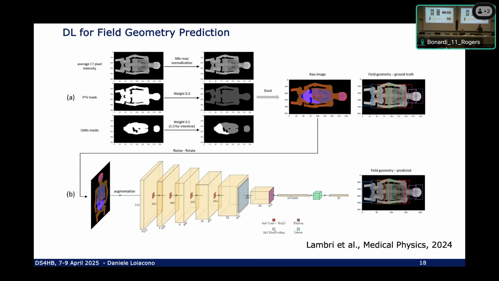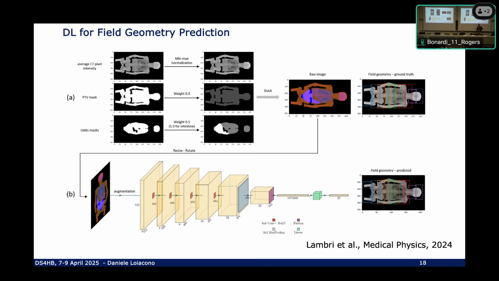of these isocenters, starting from an imaging of the patient that is nothing more than a coronal view of the anatomical data of the patient. In particular, we combine together three types of information: the CT scan information, the contouring mask of the target, and the contouring mask of the organ at risk.